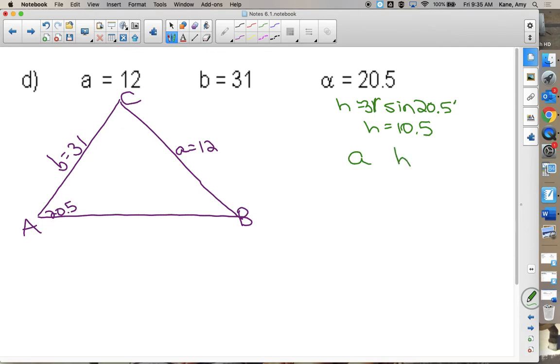Brenton, how does A compare to the height? Greater than the height. So I at least have to have one triangle if it's greater than the height. And then Brenton, how does A compare with the other side that's given? So what does that mean about our triangle situation here? That means there's two. We're going to solve this one.